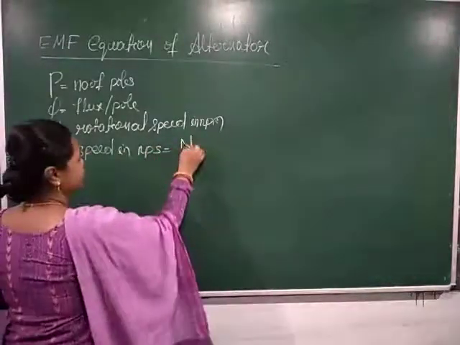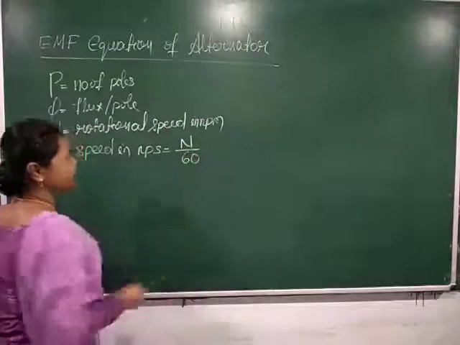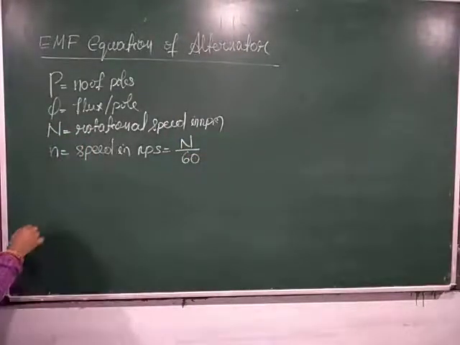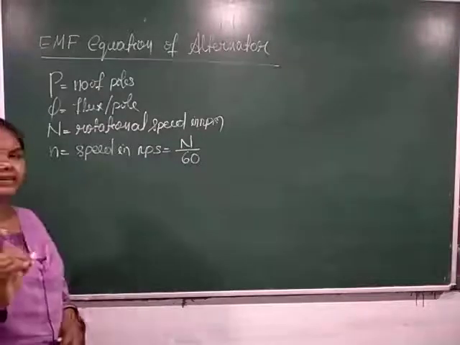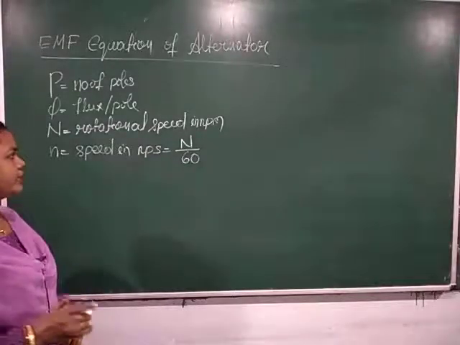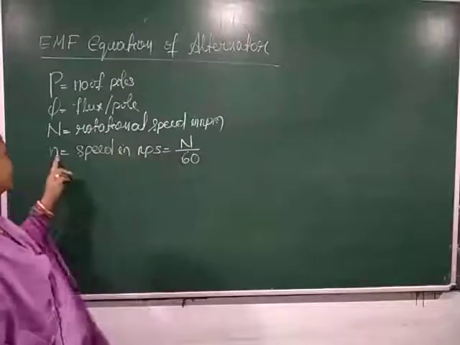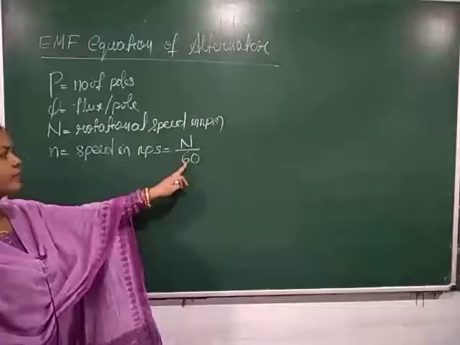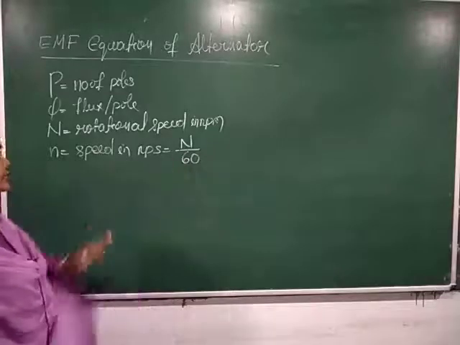So this value we may write as N by 60, as you know that 1 minute is 60 seconds. So if I write small n in terms of capital N, it is N by 60 RPS.